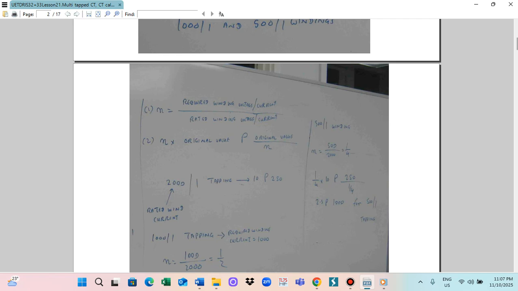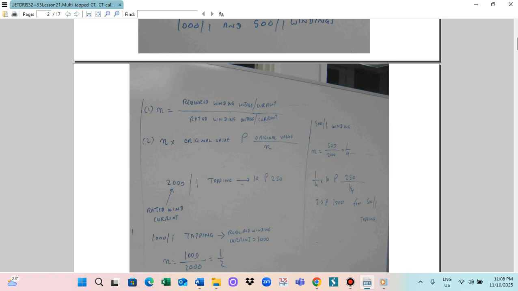We use a formula. N is equal to required winding voltage divided by rated winding voltage.